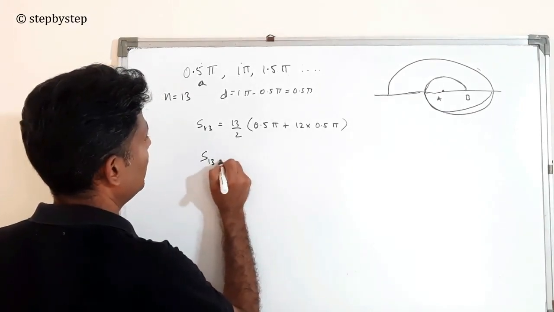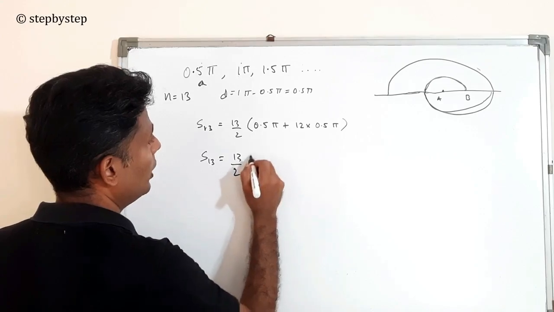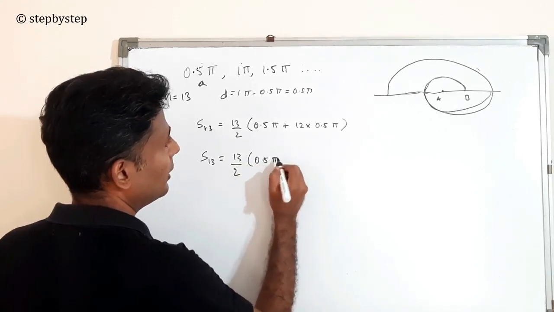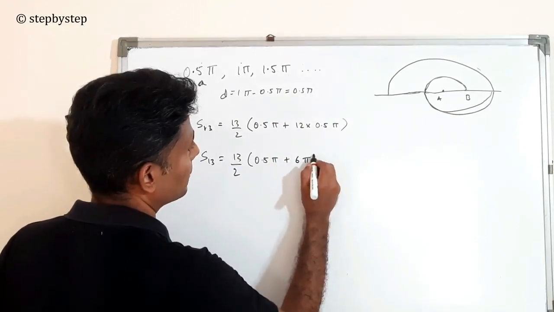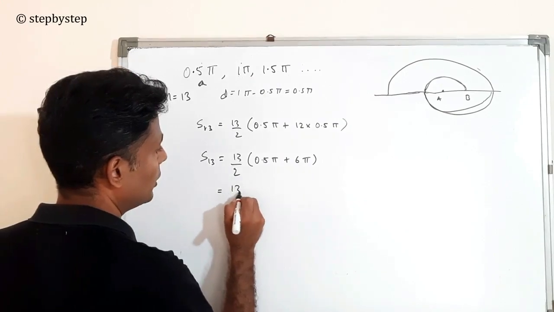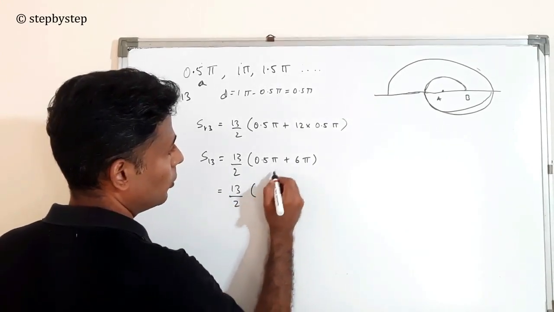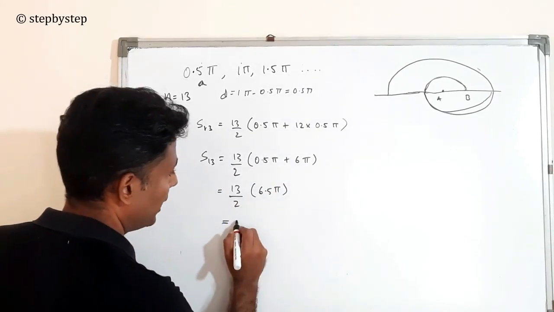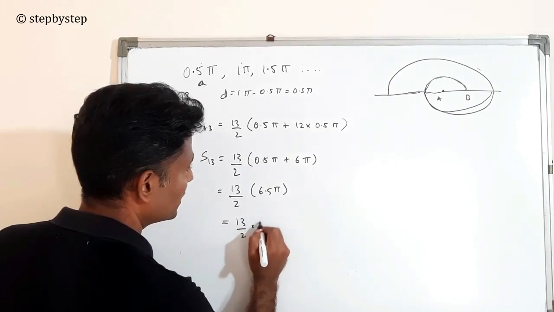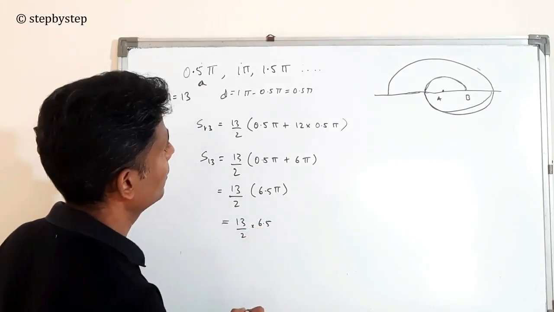So S of 13 will be equal to 13 by 2 into 0.5 pi, plus 12 into 0.5 pi, that is 6 pi. So that is equal to 13 by 2 into 6.5 pi.